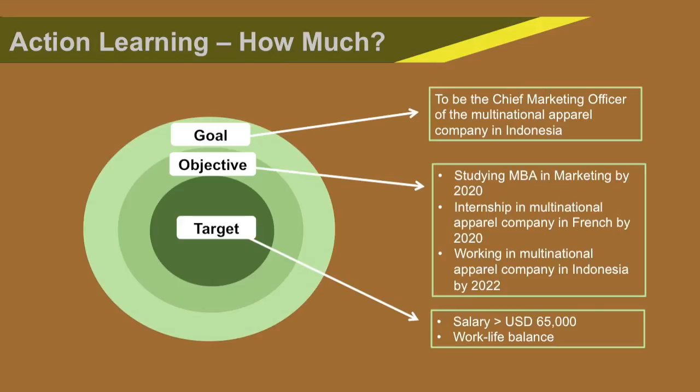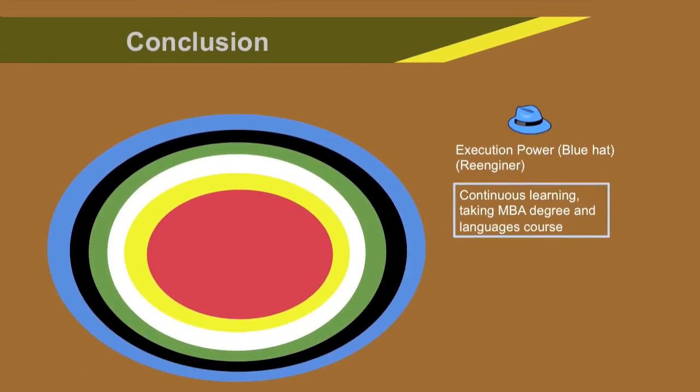These objectives are the strategies to achieve my targets, which are getting a salary above 60,000 US dollars and having a work-life balance. So, to conclude my self-assessment by the action learning framework, I am using the 6 hats and 6 types of powers.